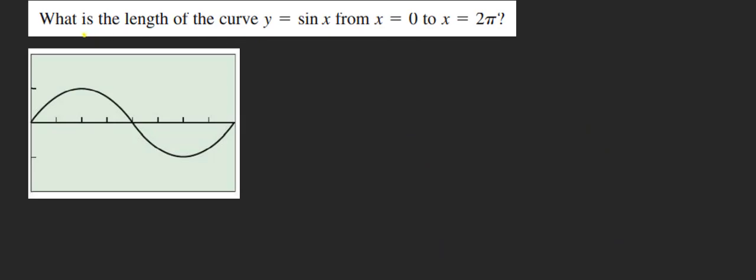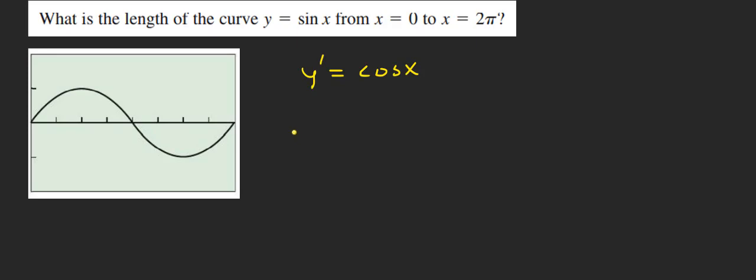Now find the length of the curve y equals sine x from 0 to 2 pi. Basically, we need to find the length of this curve right here from 0 to 2 pi. Again, we need to find the derivative of y, which is cosine x.